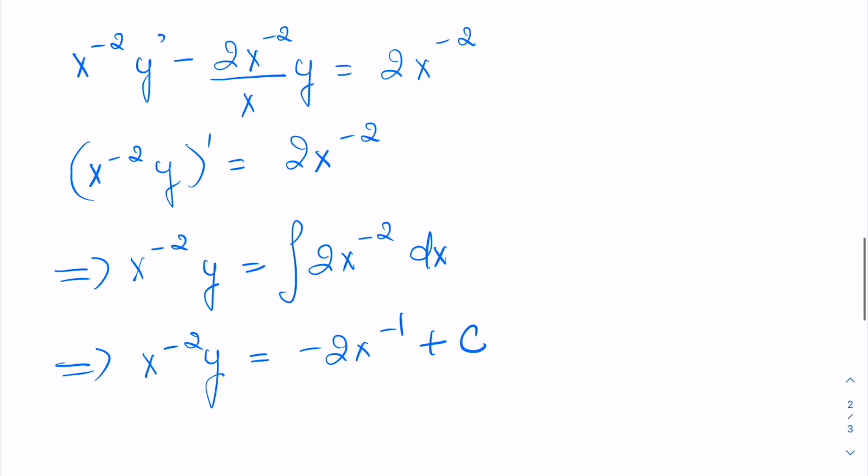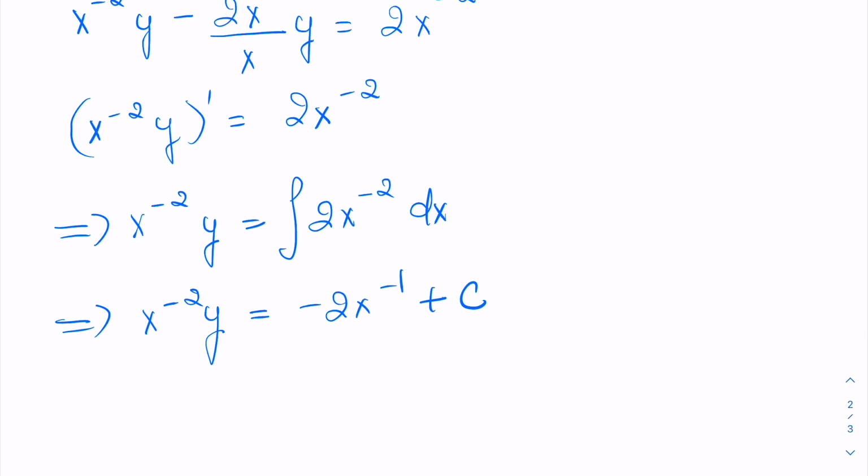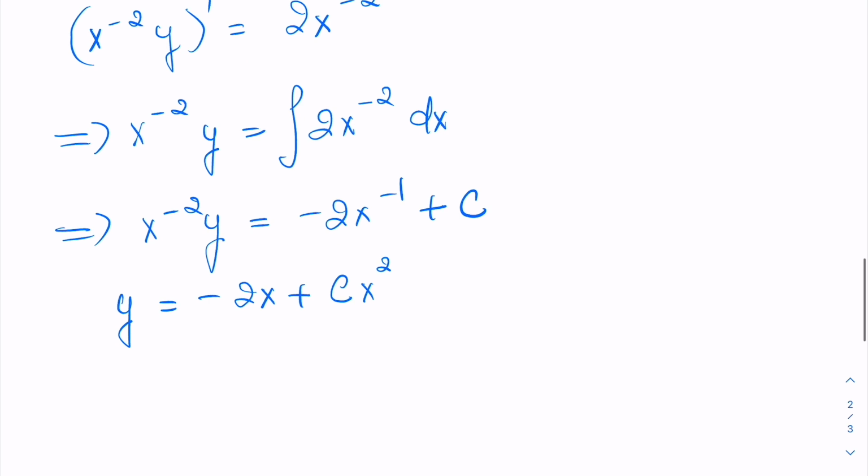Now we're going to use the initial values. First I need to solve for y. So y equals negative 2x plus cx squared. We just divide everything by x to the negative second power.